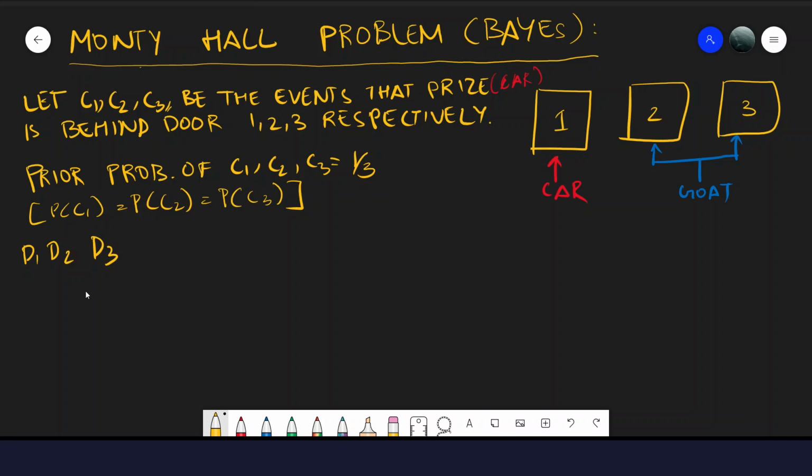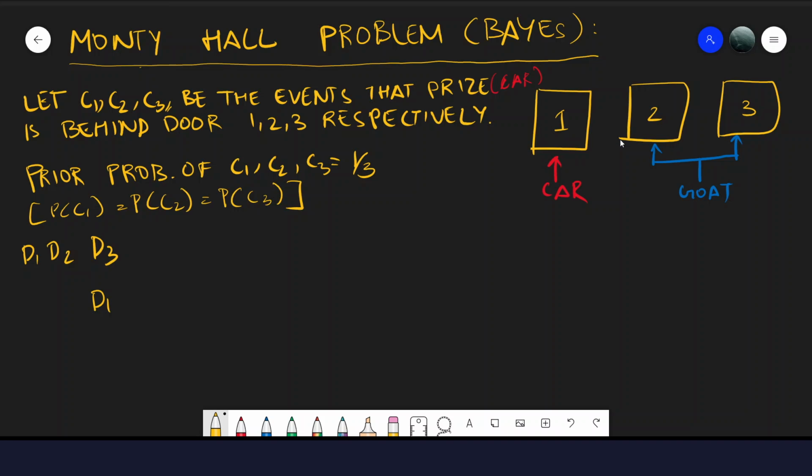Now let's assume that the player chose door 1. The player chooses door 1 and Monty opens door 2 to reveal a goat. Door 1 has a car behind it, but Monty opens door 2 to reveal a goat.